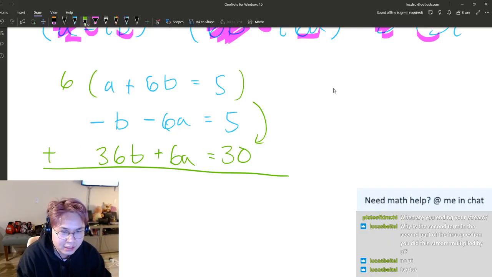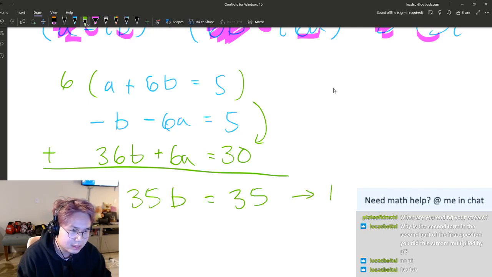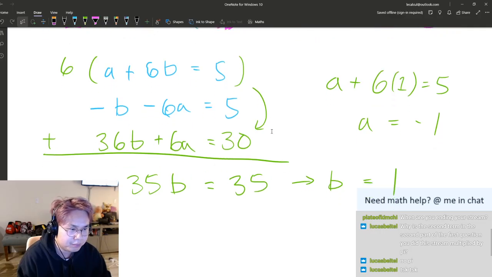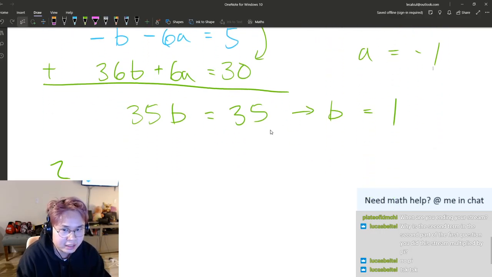And I can't change color right now, whatever. 35b. So b is 1. That's nice. And then we can go back and calculate a. So if a plus 6 times 1 has to be 5, then a has to be negative 1. Okay, so z is negative 1 plus i.